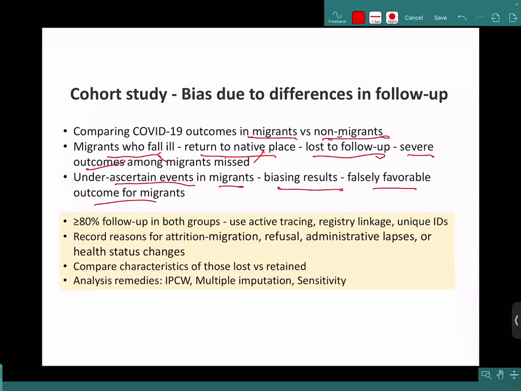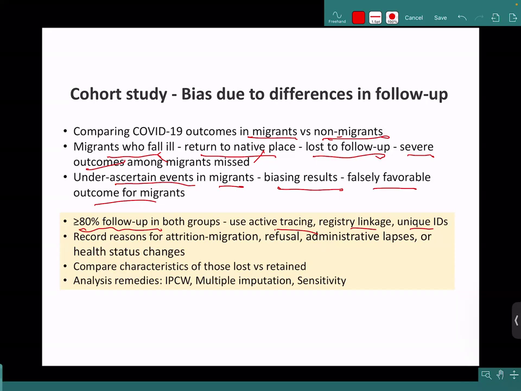So what to do to prevent selection bias? One, you should always report, in a cohort or intervention study, the proportion of people you were able to follow up, and what you did to ensure that there was satisfactory follow-up.